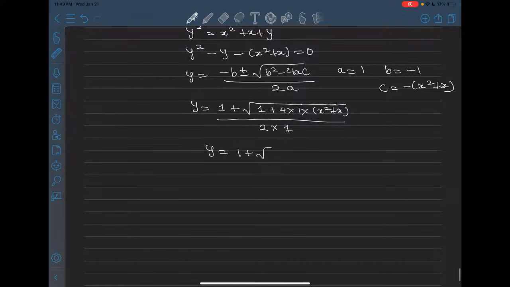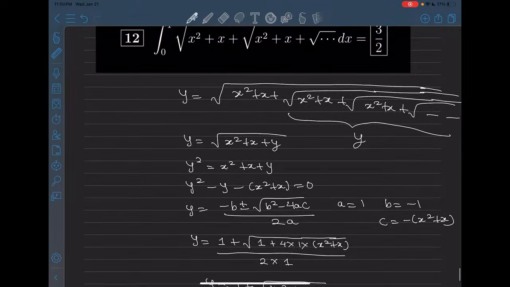1 plus the square root of 4x square plus 4x plus 1, over 2. I can actually simplify this because the expression under the root is just (2x plus 1) whole square.